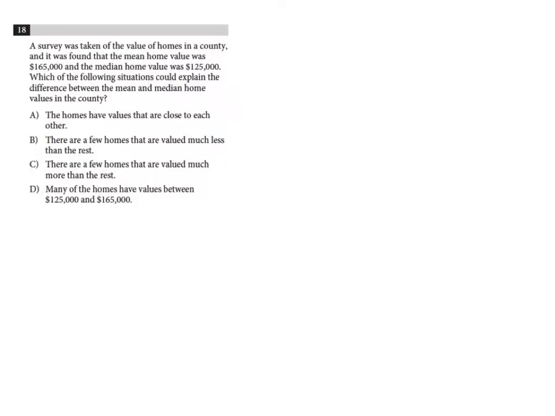Okay. A survey was taken of the value of homes in a county, and it was found that the mean home value was $165,000, and the median home value was $125,000. Which of the following situations could explain the difference between the mean and median home values in the county?